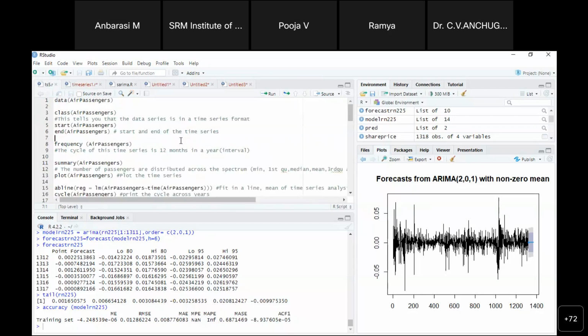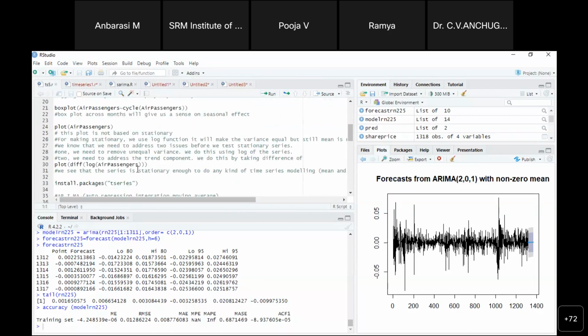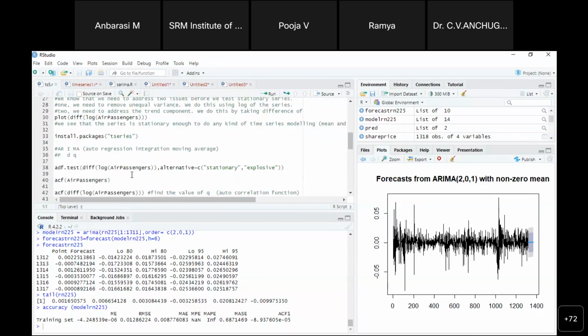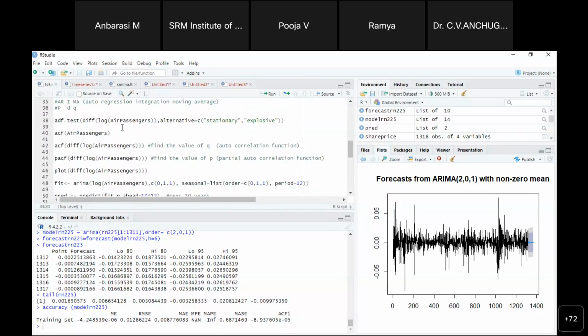We have another data set also. Here also, as usual, we have to upload the data set. And here I'll tell you how to calculate the ACF and how we used to calculate it. Once you have converted the given data set, you have to install all the packages, whatever packages you want.